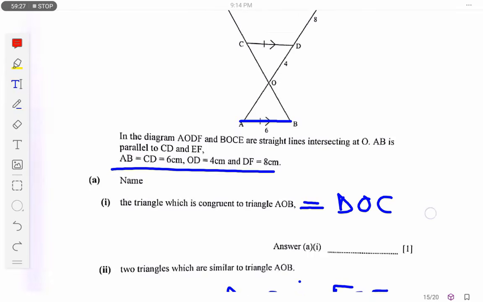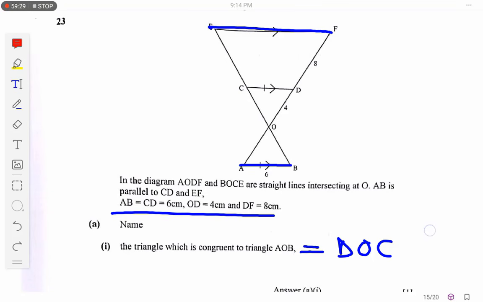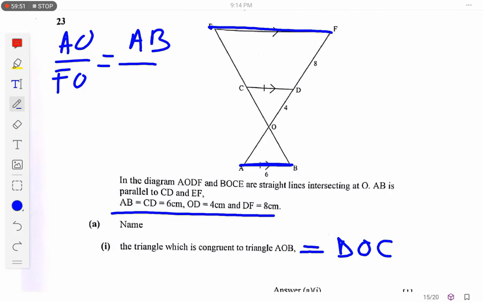So from there I can say AO over FO, because we say they are similar, remember, is equal to AB, this is my AB, 6 there, over FE, which is also similar to OB over OE.